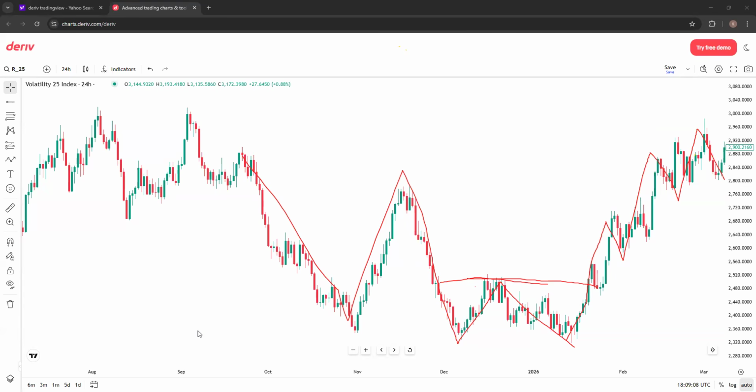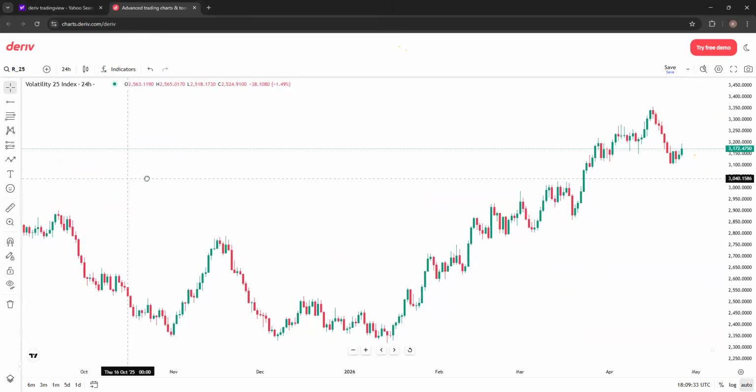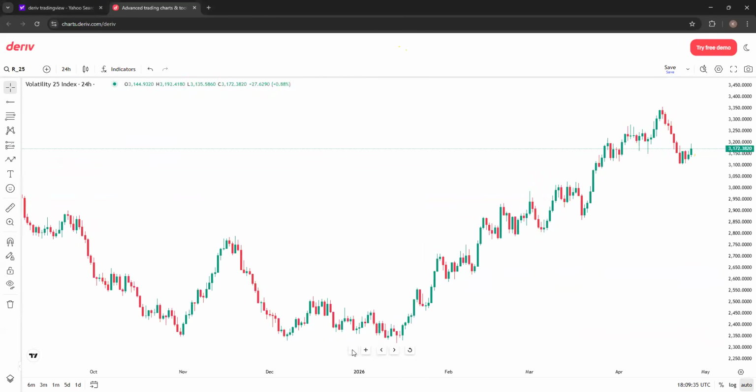At this very point, from this chart, it is showing more of selling than buying. All right. I want you to see something. If we now move to the right side, what you can see now is price is buying more than selling.